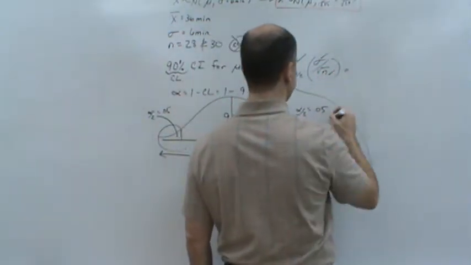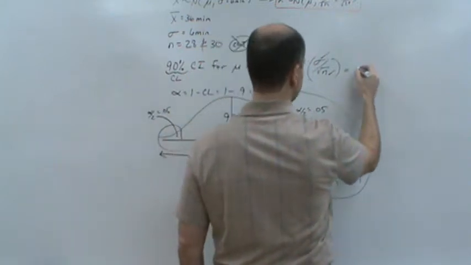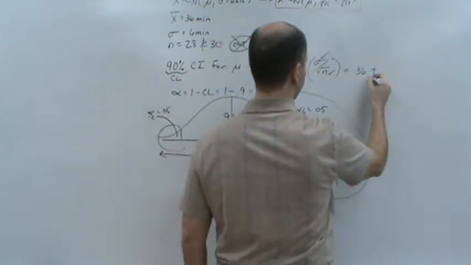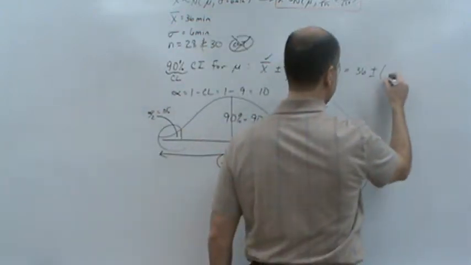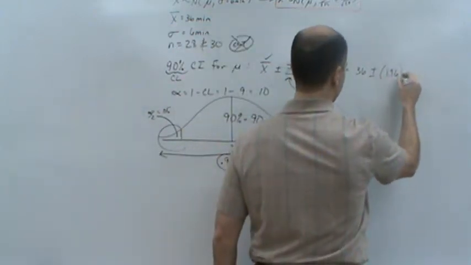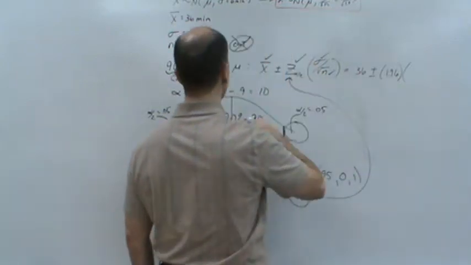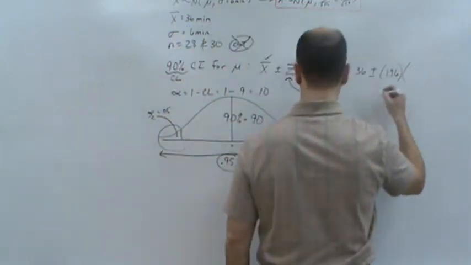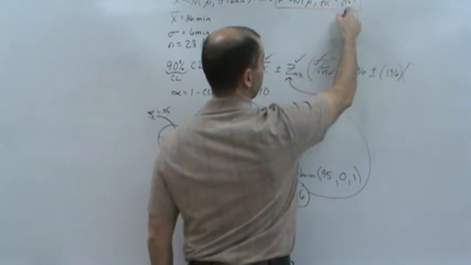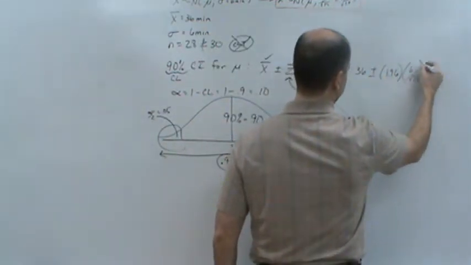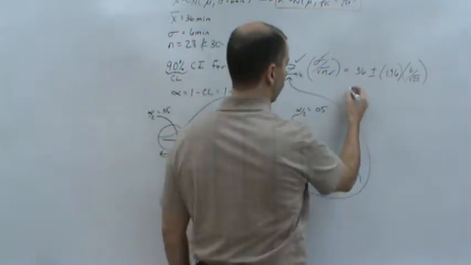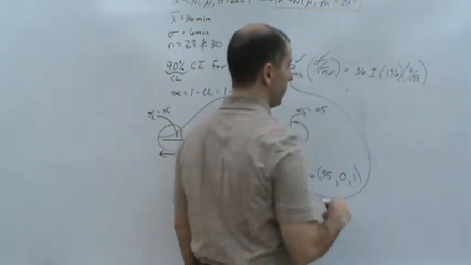So how do we calculate this? Well, we just plug and chug now. So it's going to be 36 plus or minus z alpha divided by 2, which is 1.96, times sigma divided by the square root of n, which is right here. So 6 divided by the square root of 28. And so now all we have to do is plug and chug, right?